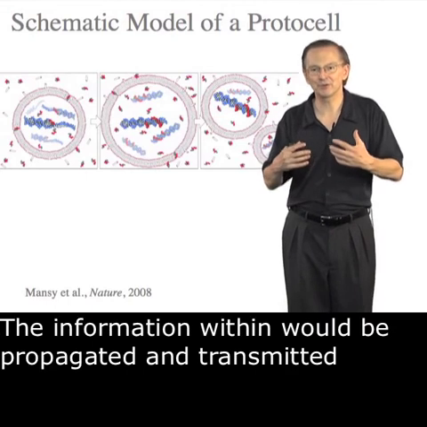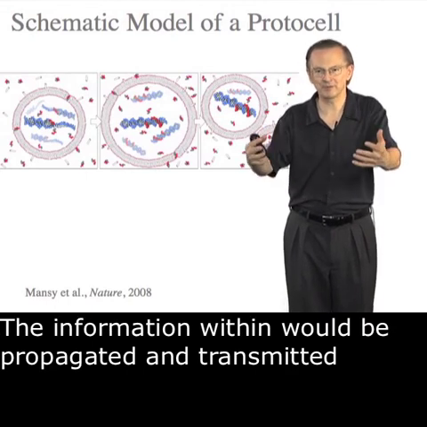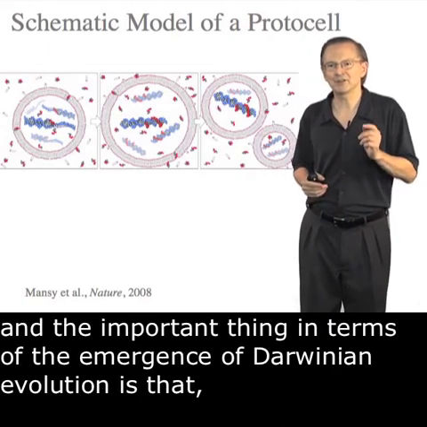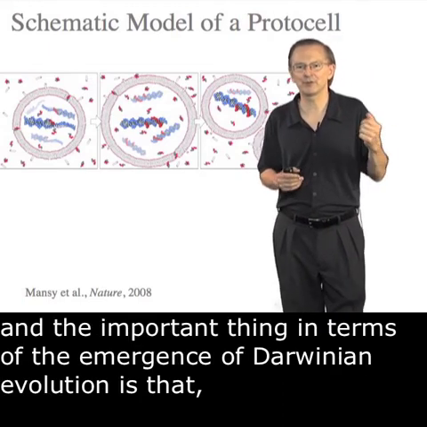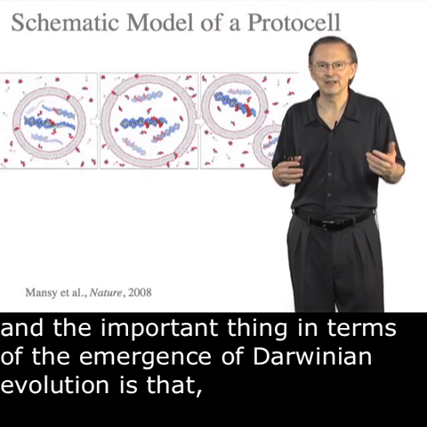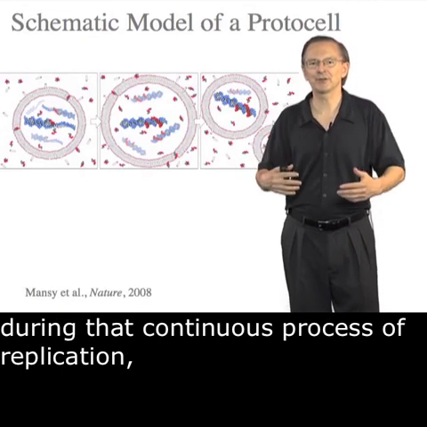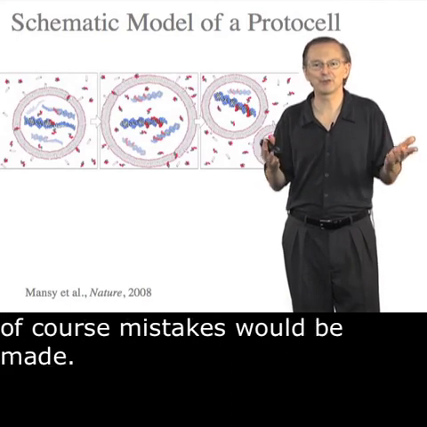The information within would be propagated and transmitted from generation to generation, and the important thing in terms of the emergence of Darwinian evolution is that during that continuous process of replication, of course, mistakes would be made.